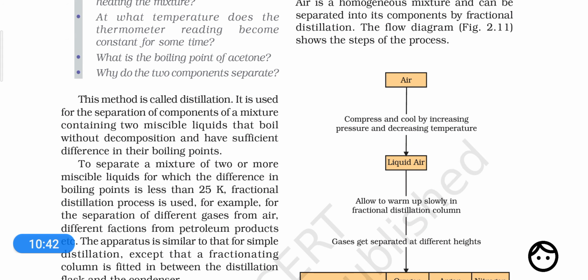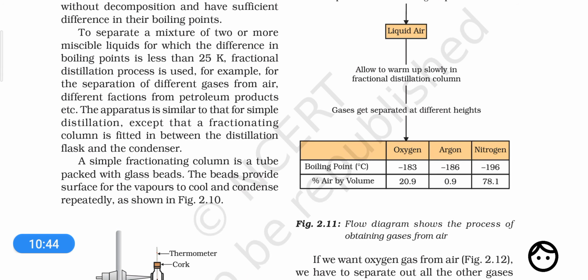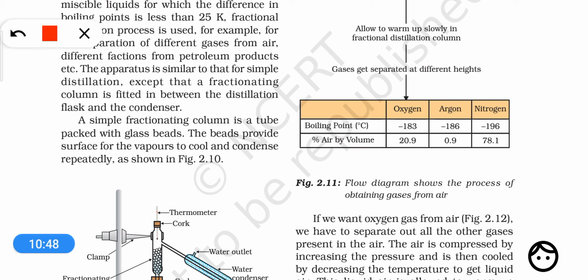So here you see, we will have to cool the air even below minus 196. Suppose that we have cooled the air below minus 200 degrees Celsius. Now we will increase its temperature, right? First of all, the temperature of minus 196 degrees centigrade will be reached, and this is the boiling point.